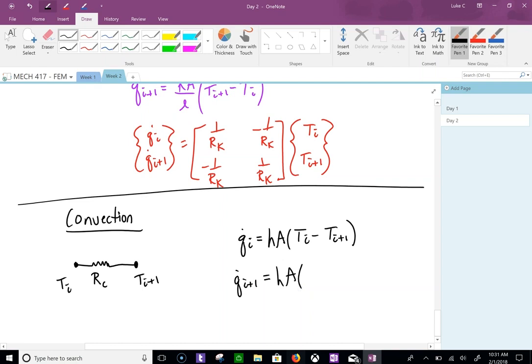Same, but flipped. Yeah, it's still going this way, but we just flipped the one on the left to make our life easier.